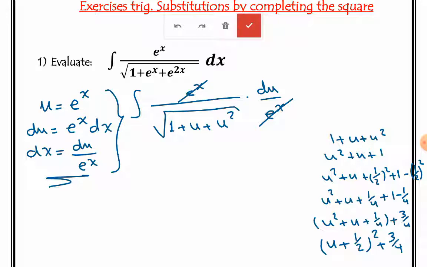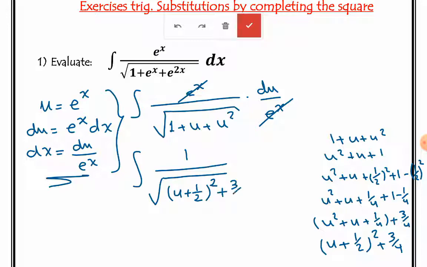Nice. And then I will substitute here in my question 1 over root of u plus half, and this all to the power of 2 plus 3 over 4, du, or let the du stay in the numerator. Okay.